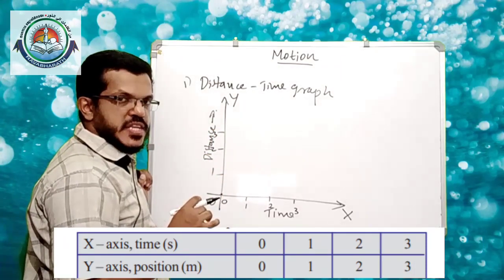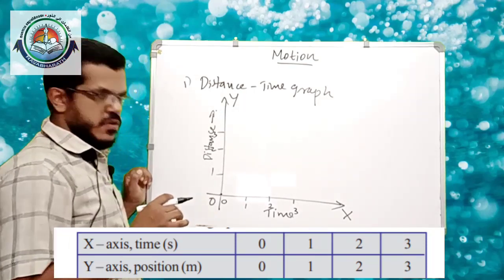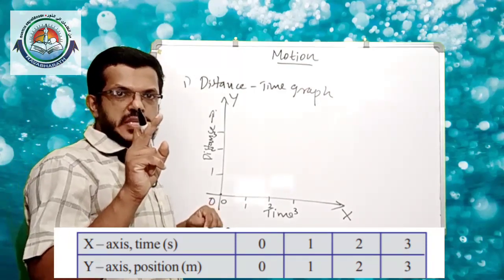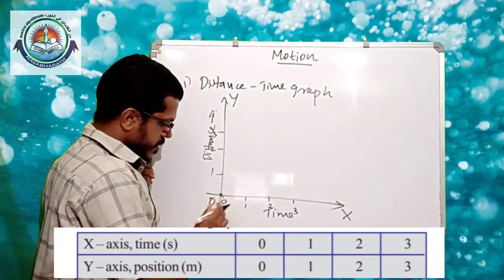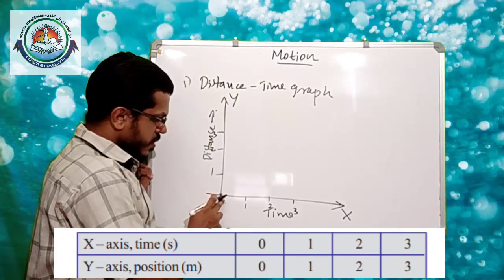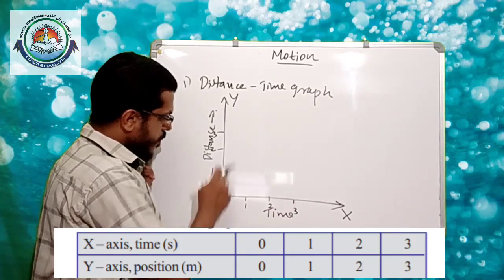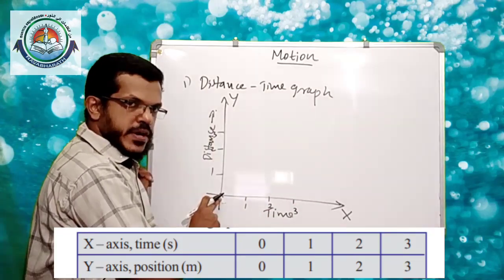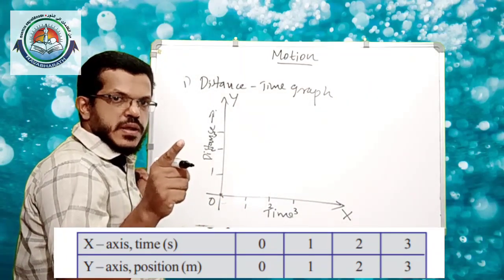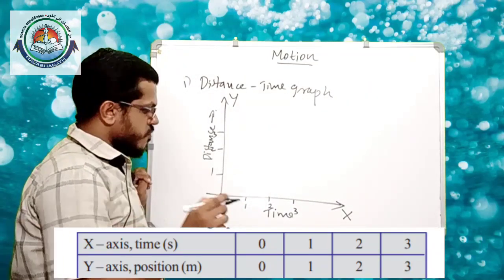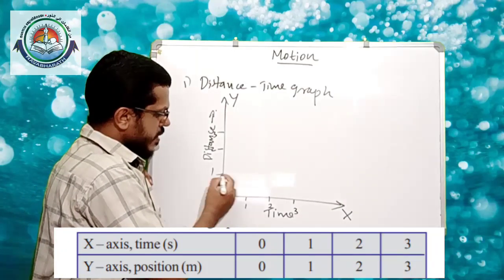Then we want to depict the graph like this. How? First, for time 0, the position is 0. Then we mark here: time 0, position also 0. Here is the point. And the second value, for time 1, the position is also 1. Here is 1 and here is 1.